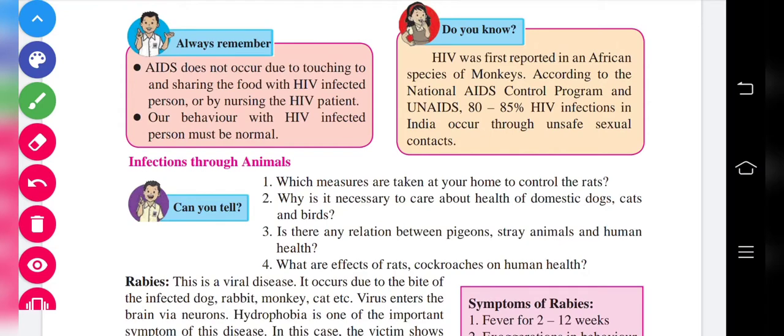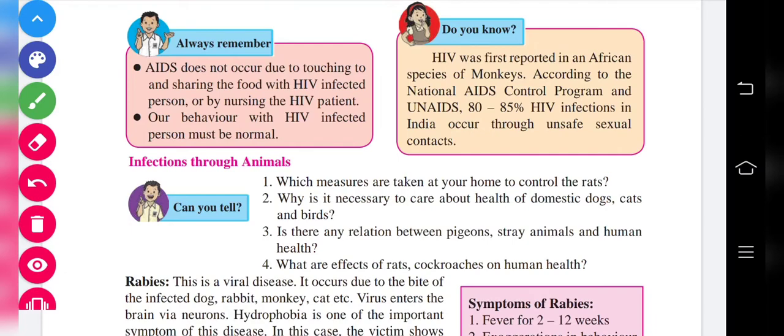Therefore the first and foremost step is to remove all unwanted junk and litter. The house should be neat and clean, which is very important for controlling rats.